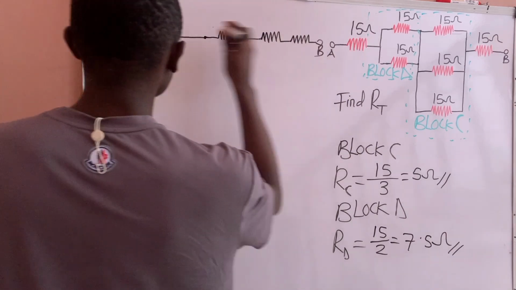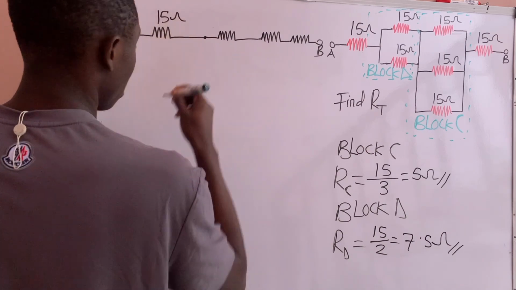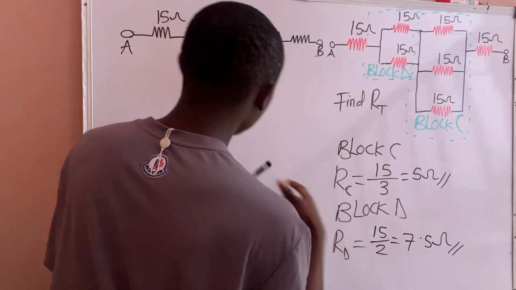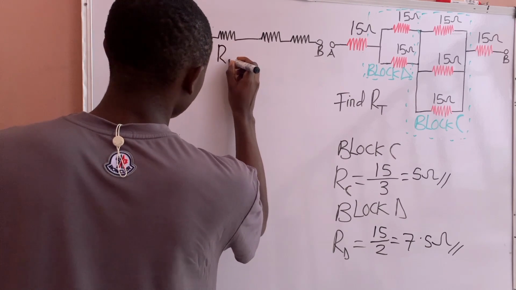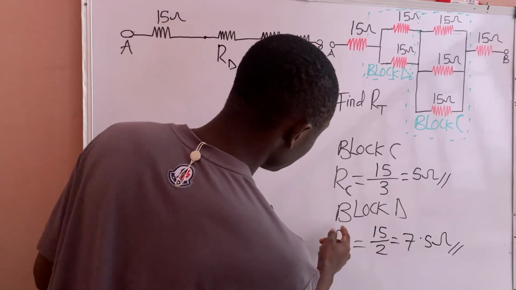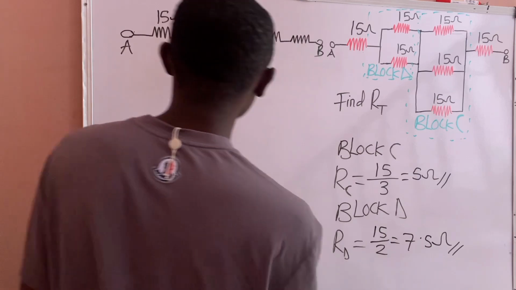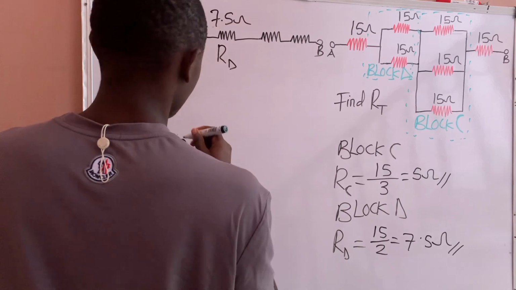So this is the 15 ohm resistor, and because we named this block D, we will have ROD, which is the value of the resistor, ROD. ROD from here is 7.5 ohms.